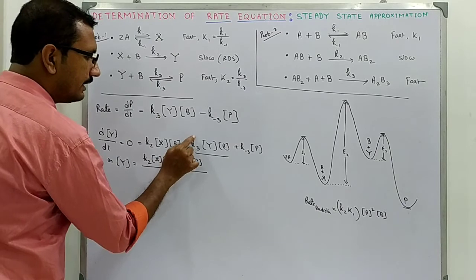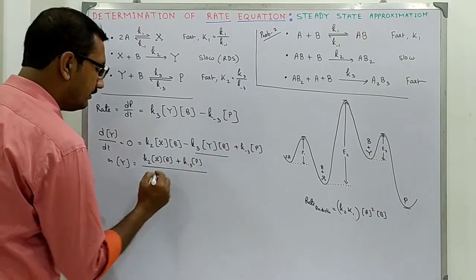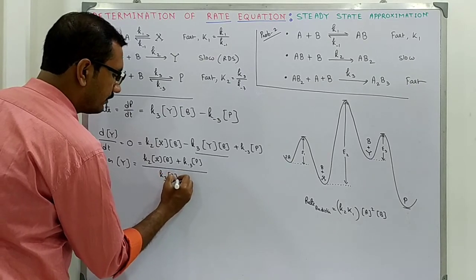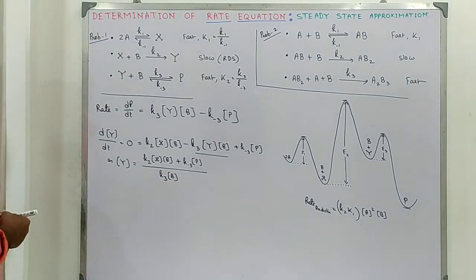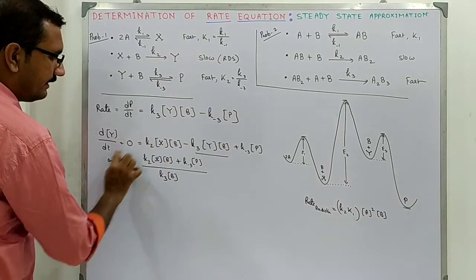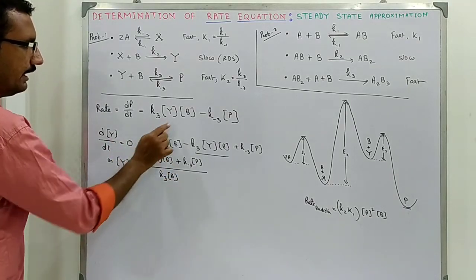So, we are taking this K3 and concentration of b to the right hand side. So, it will be like K3 into [b]. Now, we will put this expression for the concentration of y in this equation.